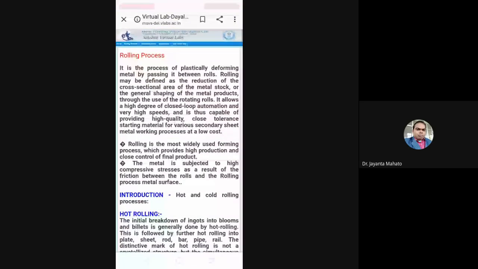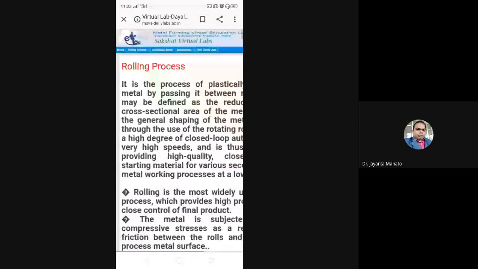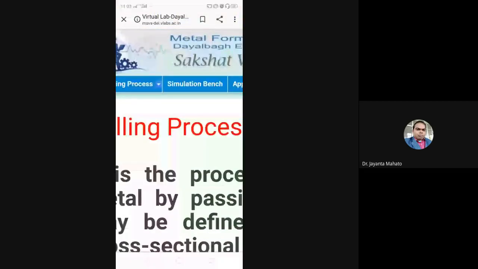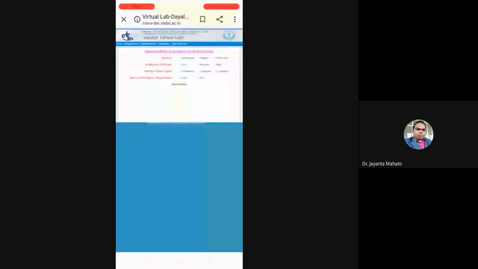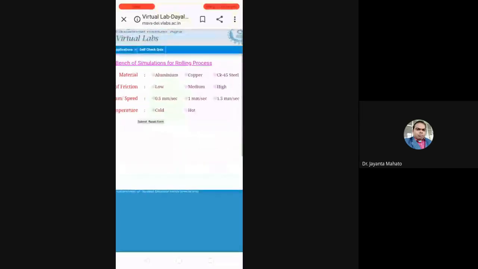Now you have to click this simulation tab. After clicking this simulation tab, this window will appear.